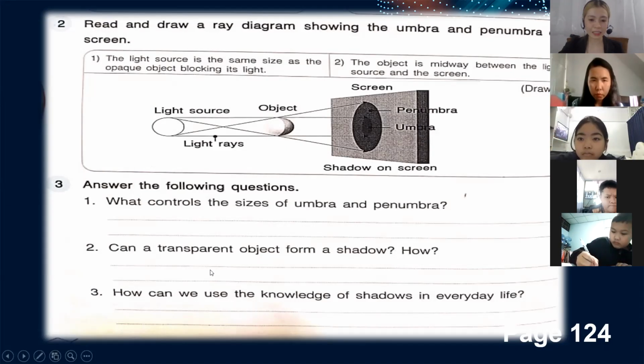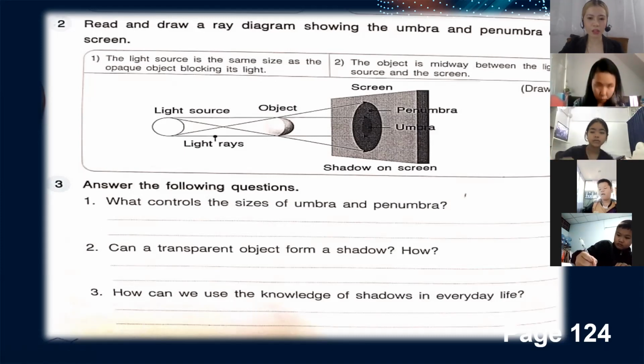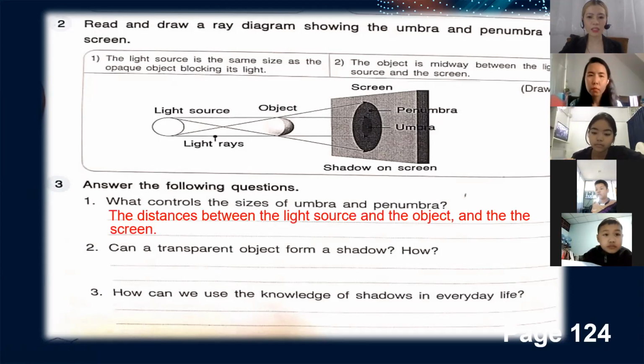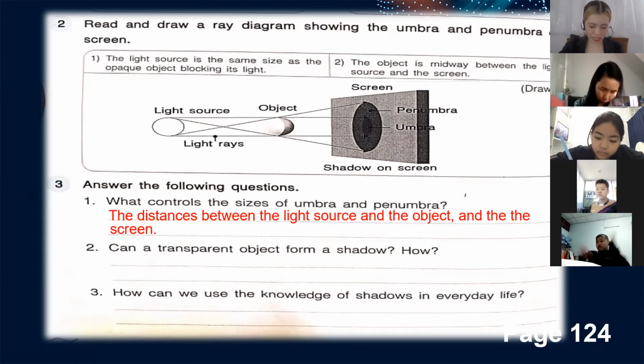The distances. Am I right? The distances. Because when we move closer to the light source, it will become bigger or smaller. When we move away from the light source, it will be smaller or bigger. So, the distances between the light source and the object and the screen. Let me edit it for you.